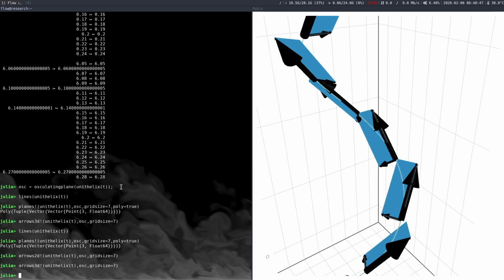And you can also visualize the binormal here.